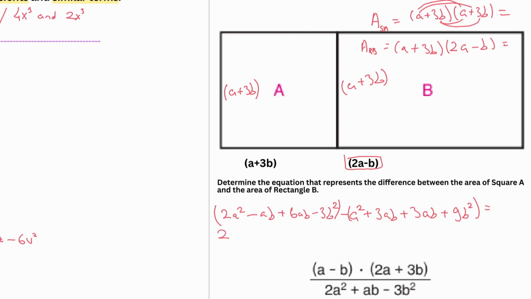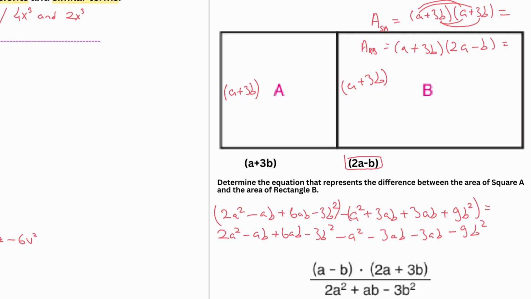Let's do 2A squared minus AB plus 6AB minus 3B squared. Now we're multiplying everything with this minus, so it's minus A squared minus 3AB minus 9B squared.